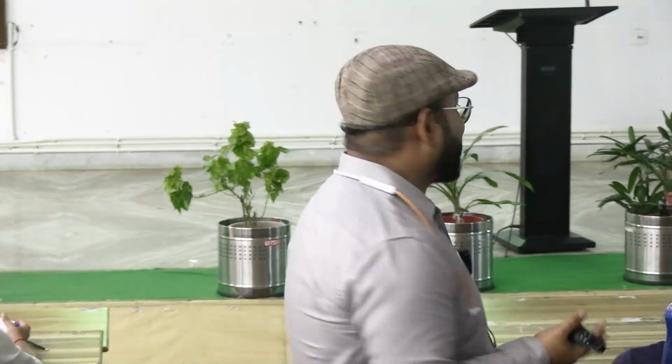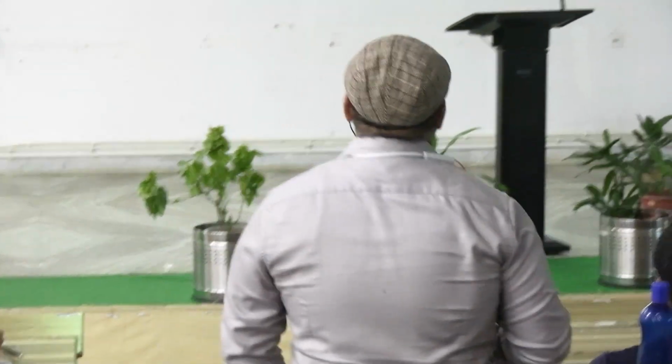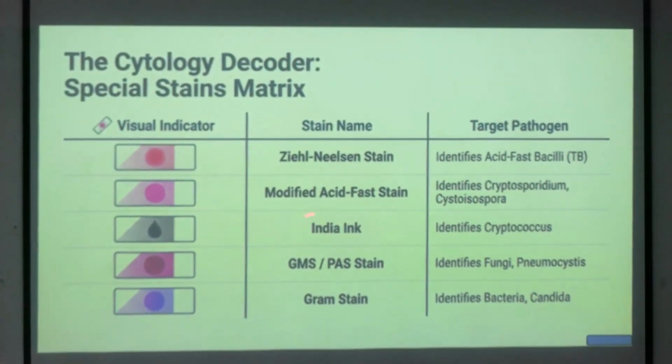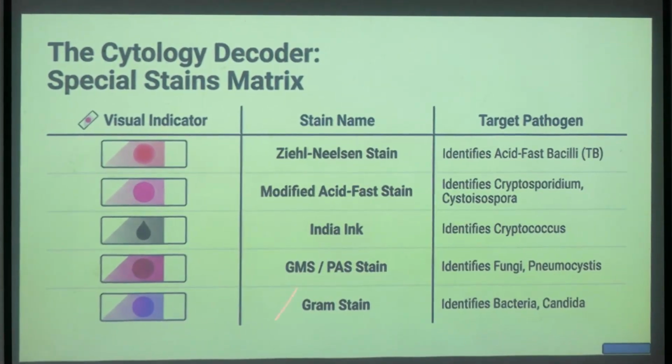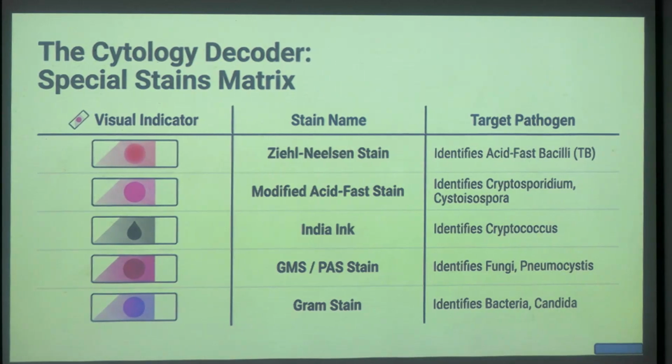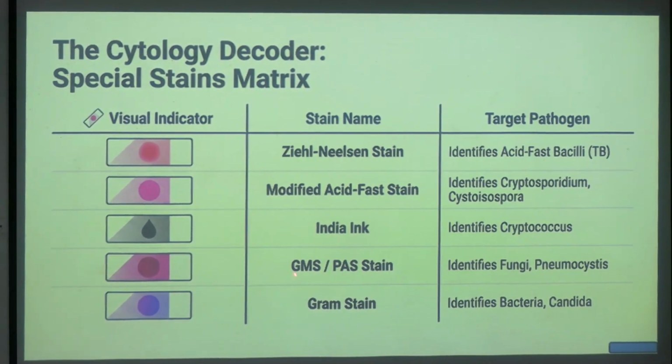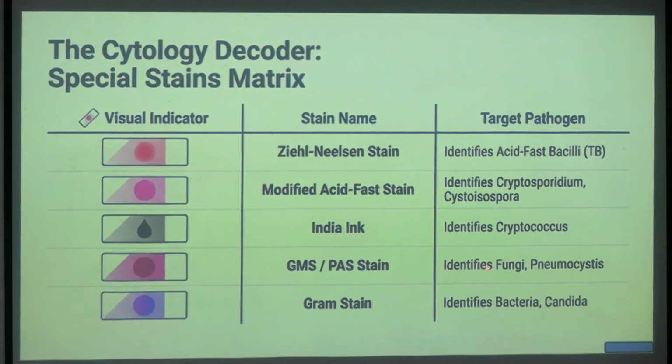Today I will see it one way, you will see it another way, but Cryptococcal antigen test is sensitive and specific. So India ink identifies Cryptococcus. But we are talking about stains, so don't include Cryptococcal antigen here. GMS and PAS stains identify fungi and Pneumocystis, and lastly Gram stain for bacteria and Candida.